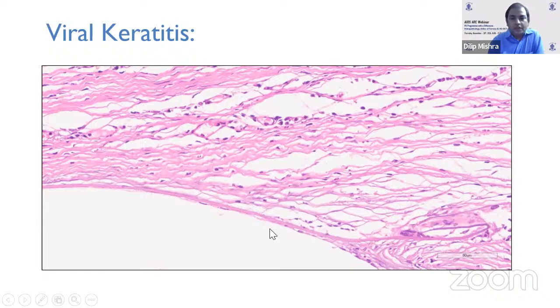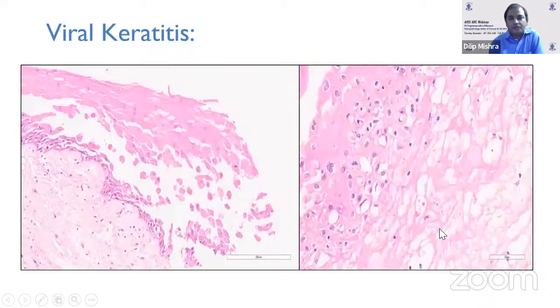One peculiarity is that it contains multinucleated giant cells in the area of the Descemet's membrane. This is the Descemet membrane, which is forming a retrocorneal membrane, and in the Descemet's membrane area you can see multinucleated giant cells. Also we see these epithelial changes. This is the classical image for viral infection.